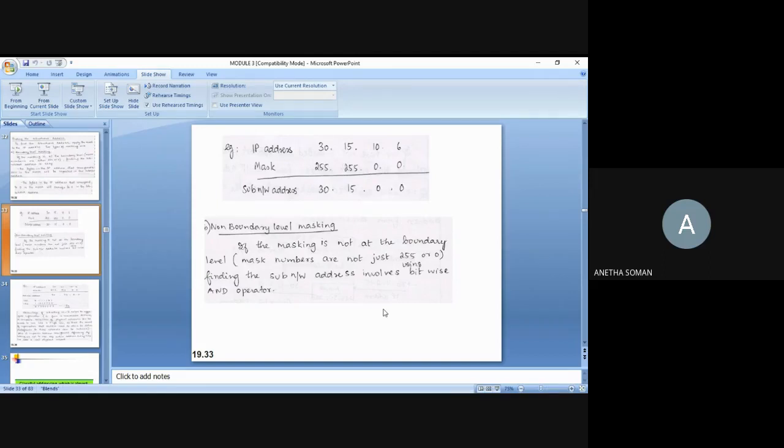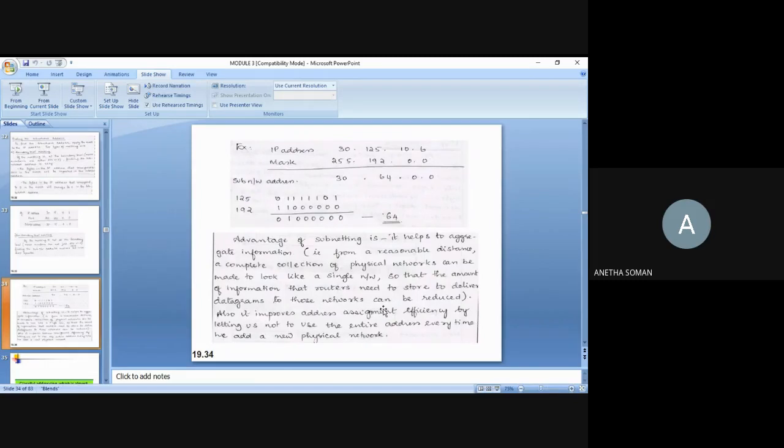You have to do the bitwise AND operation. As an example, suppose the IP address is 30.125.10.6 and your mask value is 255.192.0.0. So what is the first step?